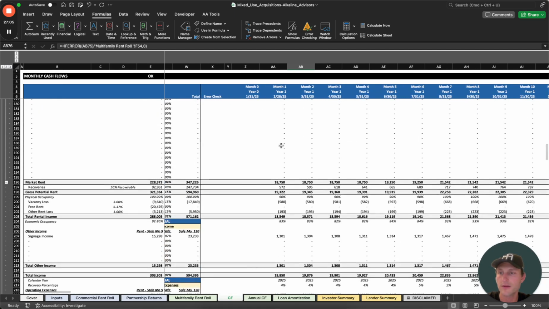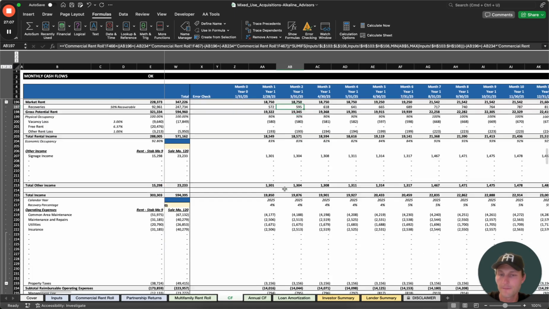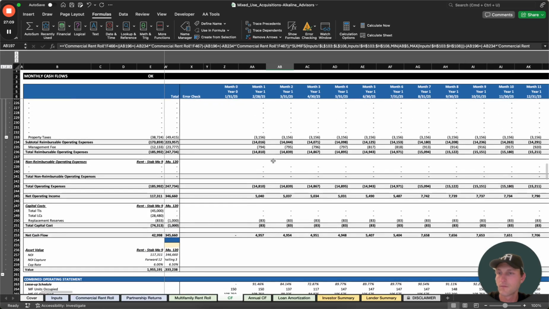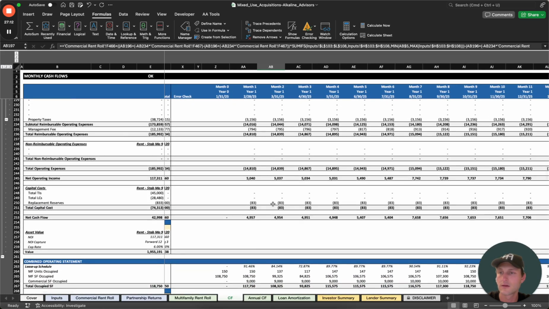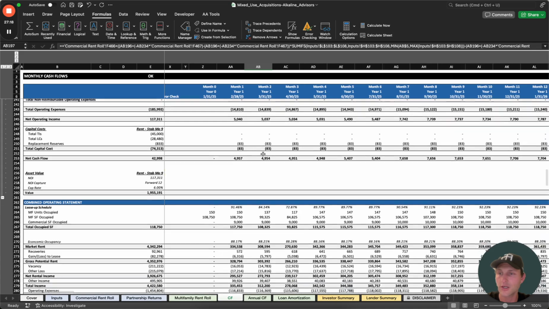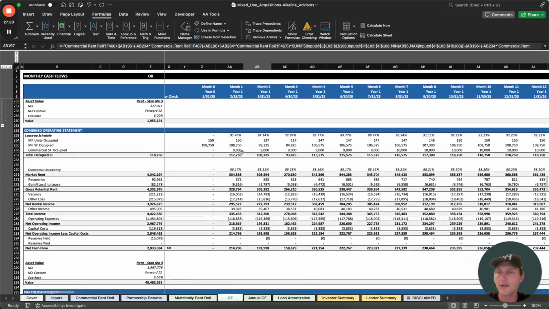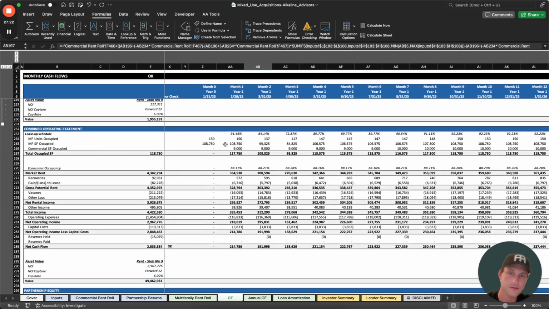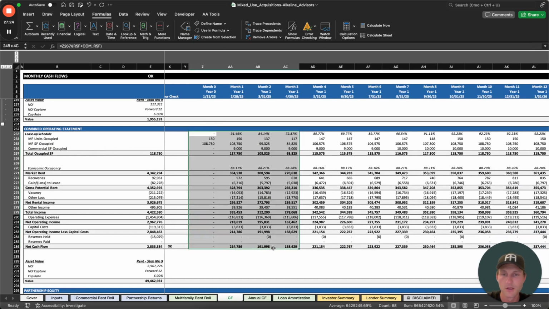We have reimbursements or recoveries up here. We have the non-reimbursables sectioned out, but we don't have any in this example. Then we have TIs and leasing commissions. And then underneath, we have the combined operating statement. So this is a more digestible snapshot that takes into account both the multi and the commercial.